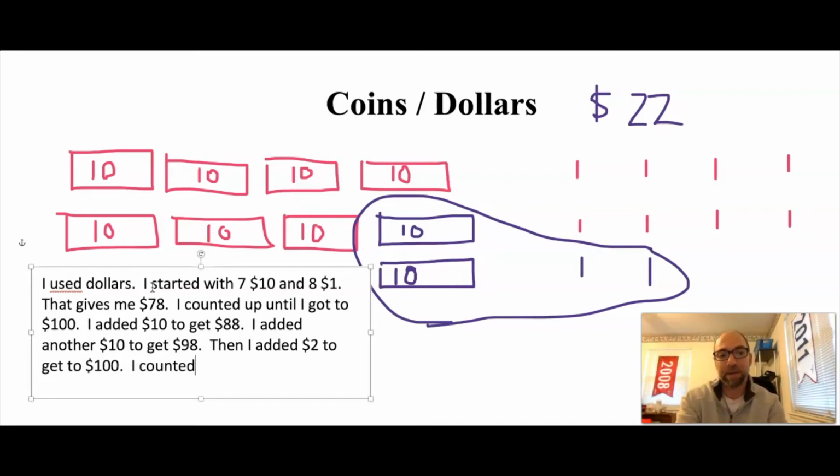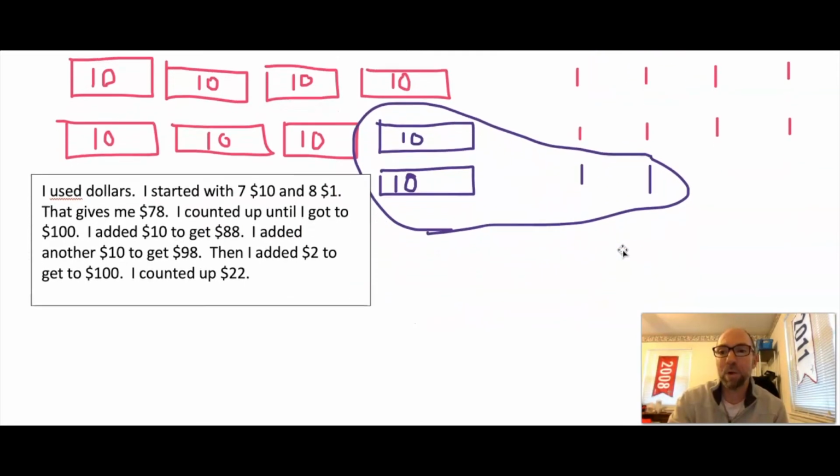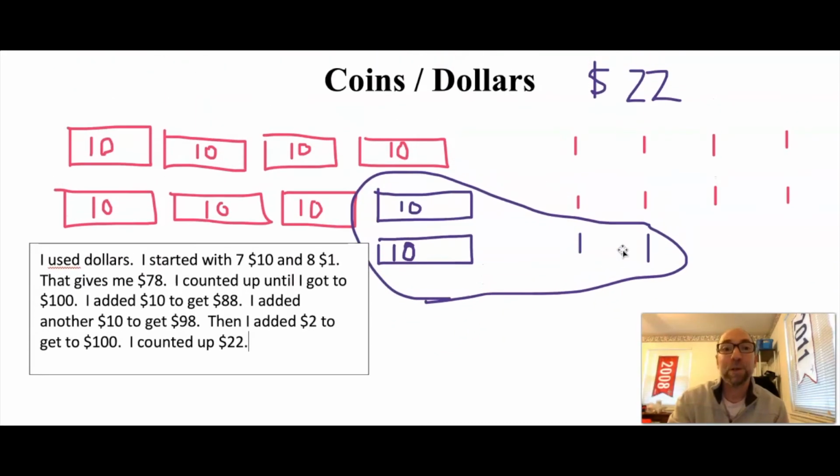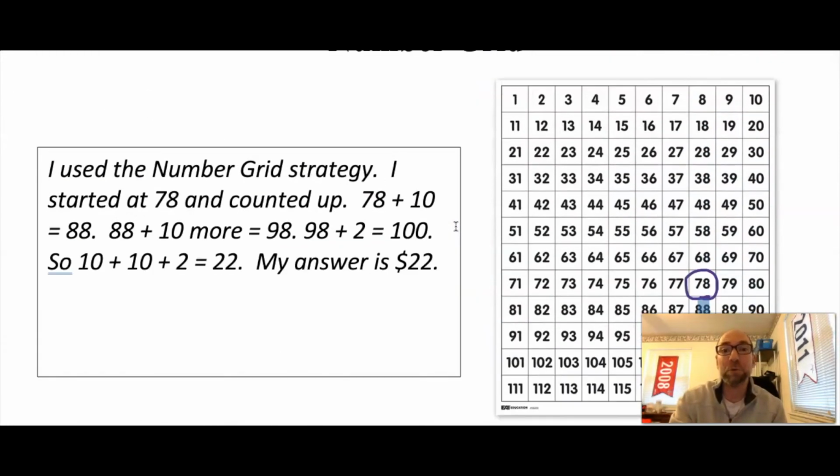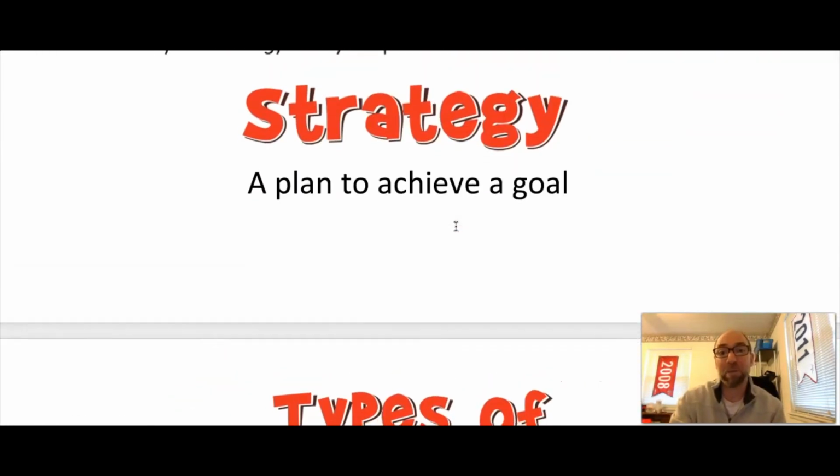I counted up $22. 10, 20, 21, and 22. So you can see that there are lots of different strategies we can use to solve a math problem.